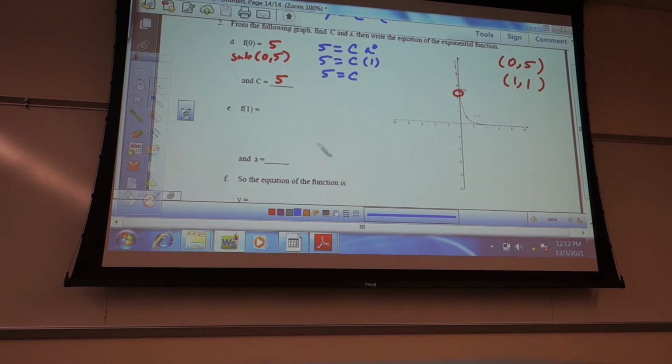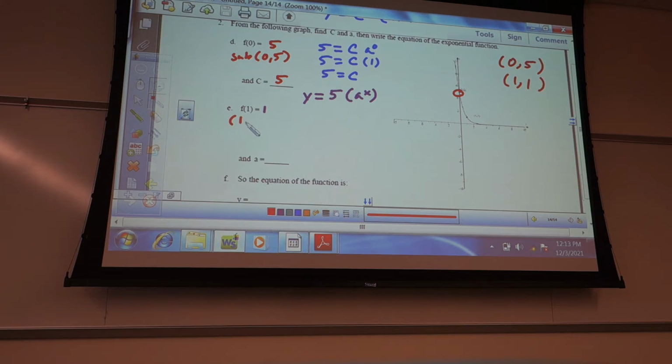All right, so then the next part here. Now we know that c is 5, so we know that our formula at this point is y equals what? What's my c? 5 times a to the x. So now we're going to use our next point. F of 1 is what? 1. Yes? So why am I even asking you guys? You're not responding even though you all have done this.